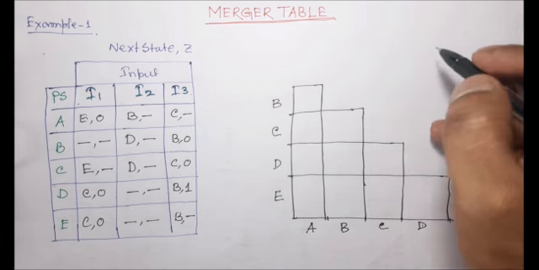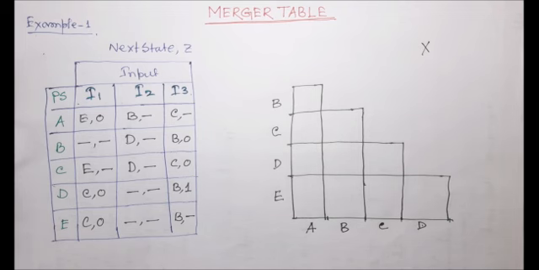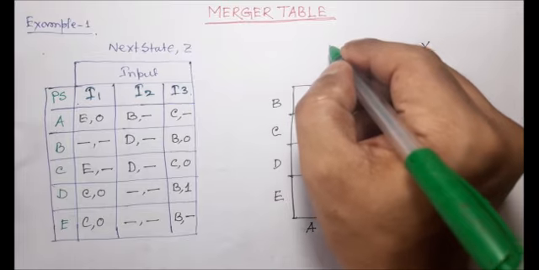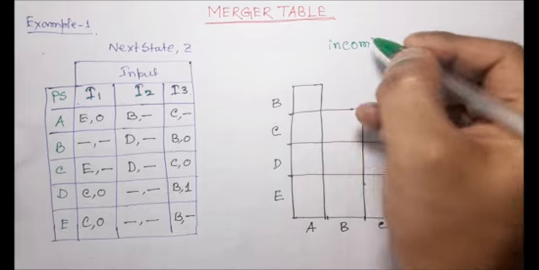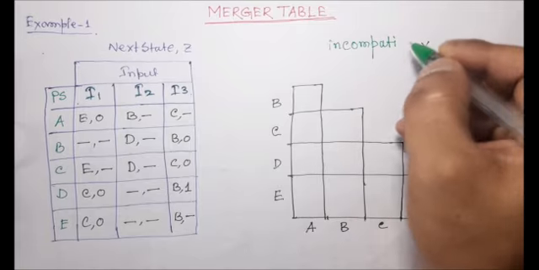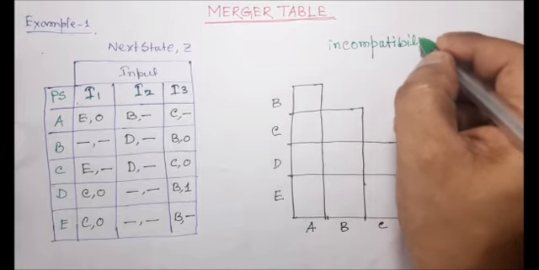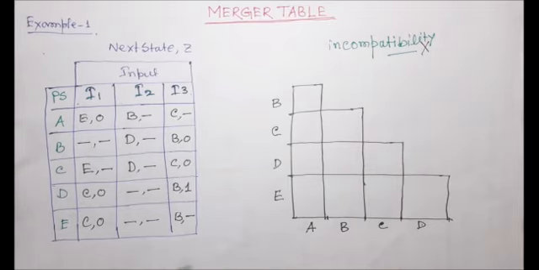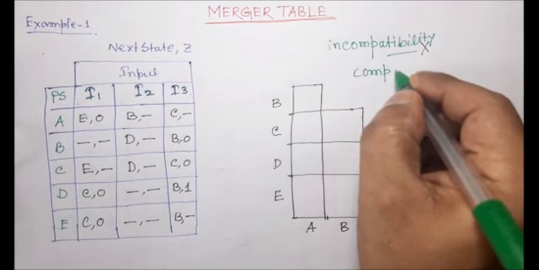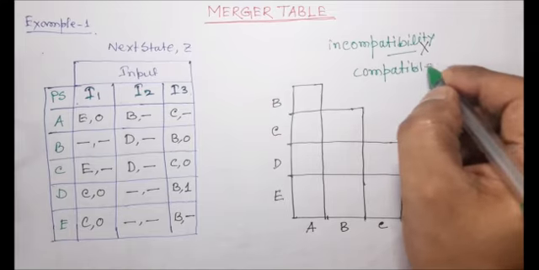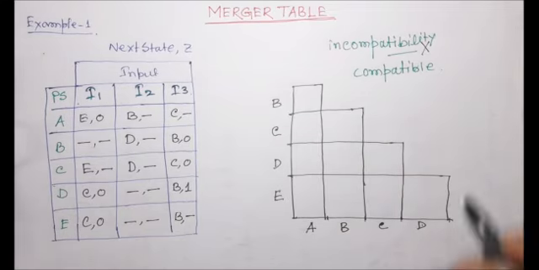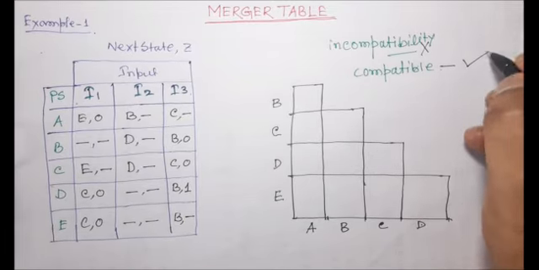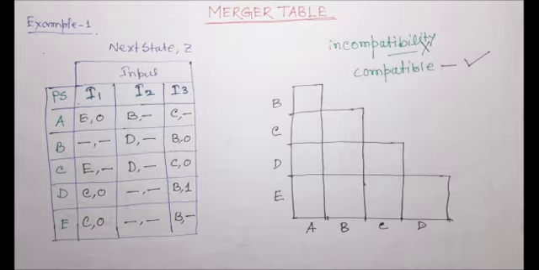So whenever we get an incompatibility, I will put a cross in the cell, and whenever we get a compatible pair, we will place a right sign. Okay, understood?